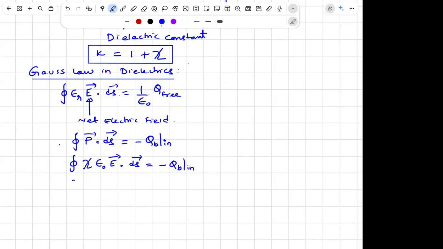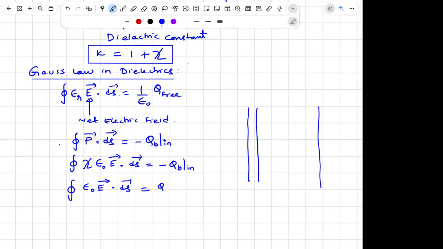And one more important point, you already know: the net.